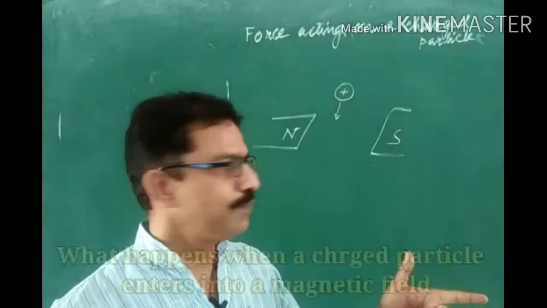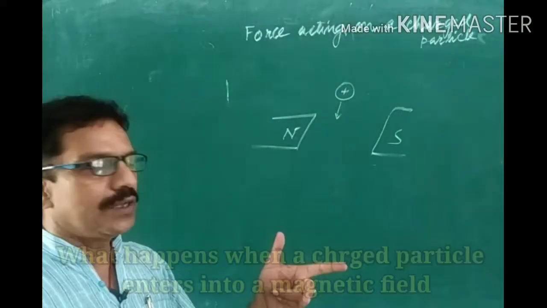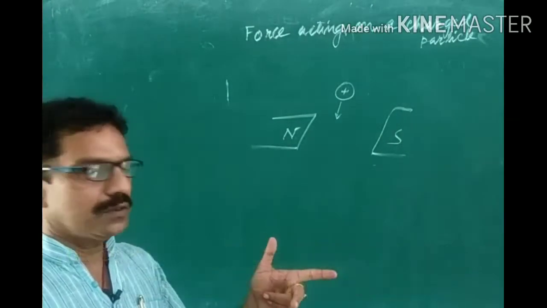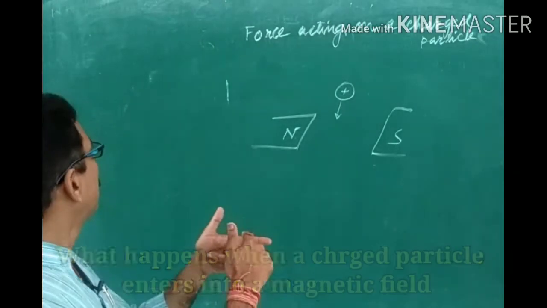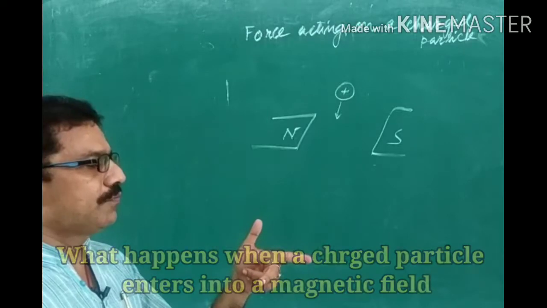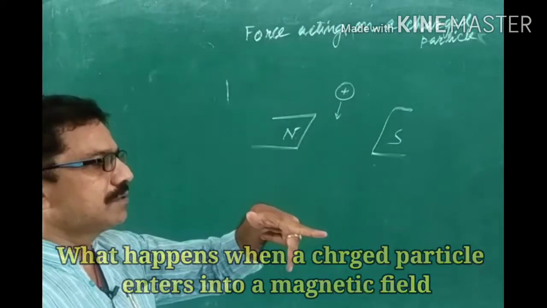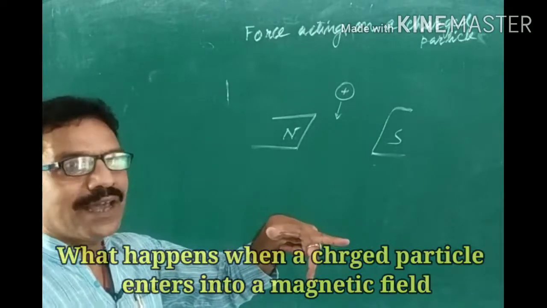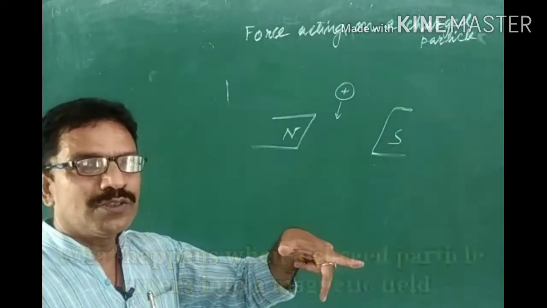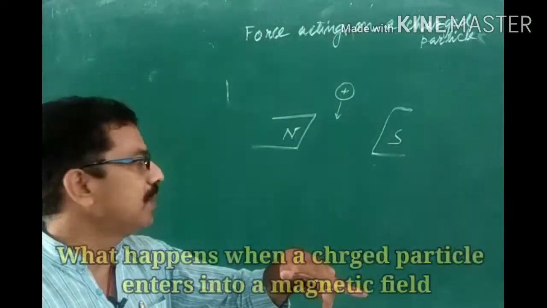Stretch the thumb, forefinger and central finger perpendicular to each other, and if the forefinger shows the direction of the magnetic field and the central finger shows the direction of the current, the thumb shows the direction of the motion due to the force acting on the charged particle when it is brought inside a magnetic field.